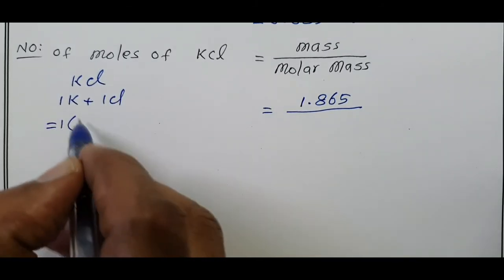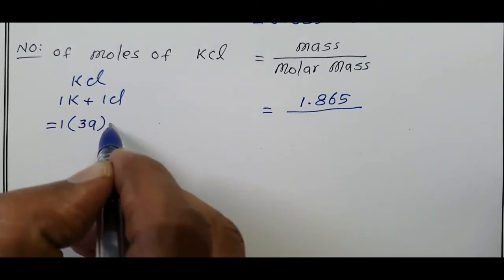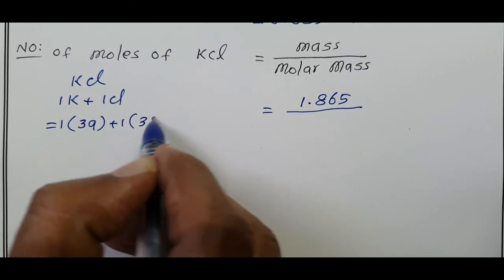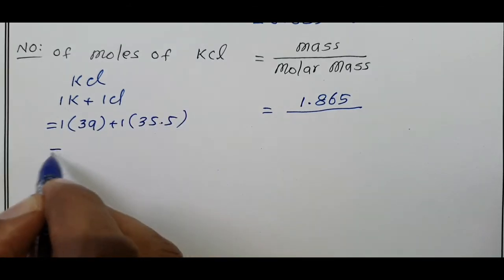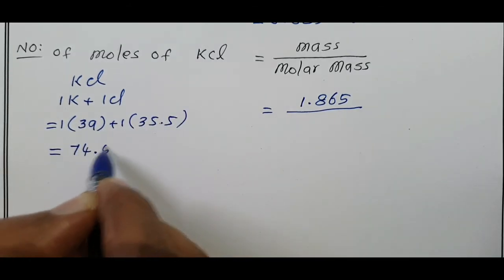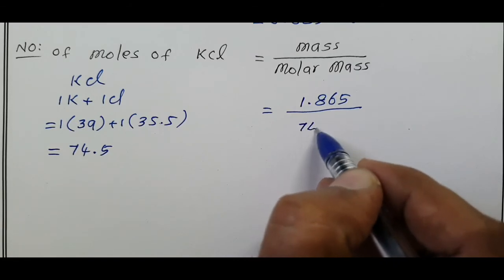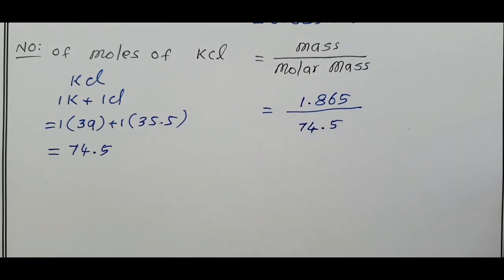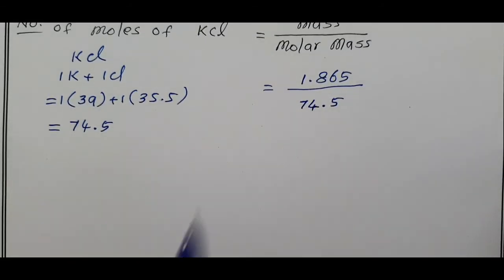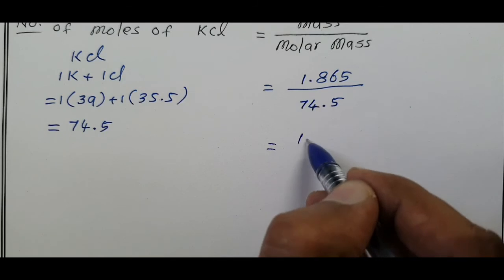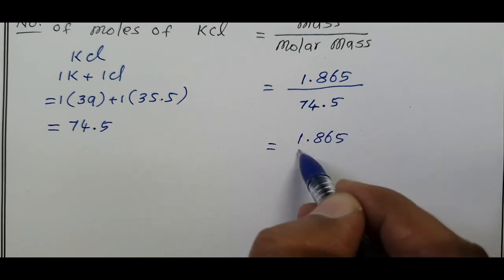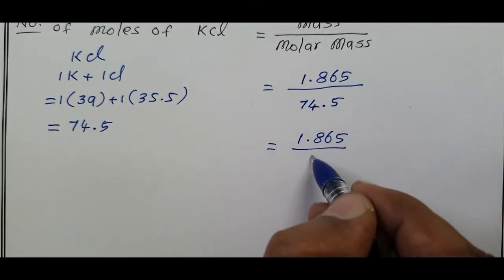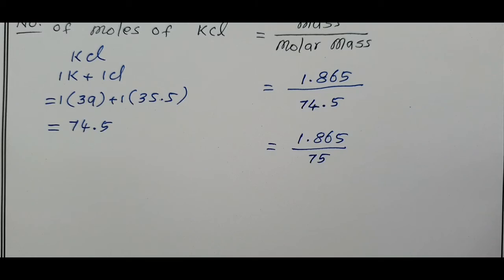Atomic mass of potassium is 39 and that for chlorine is 35.5. When we add these two, we will get 74.5 gram mole power minus 1, the molar mass of potassium chloride. For easy cancellation, 74.5 is approximately taken as 75.